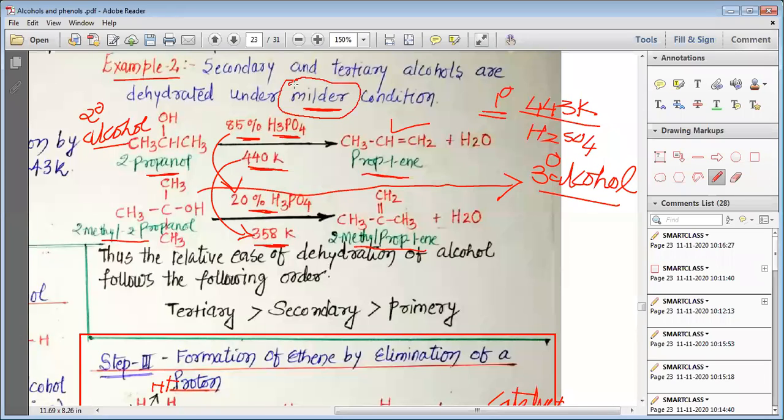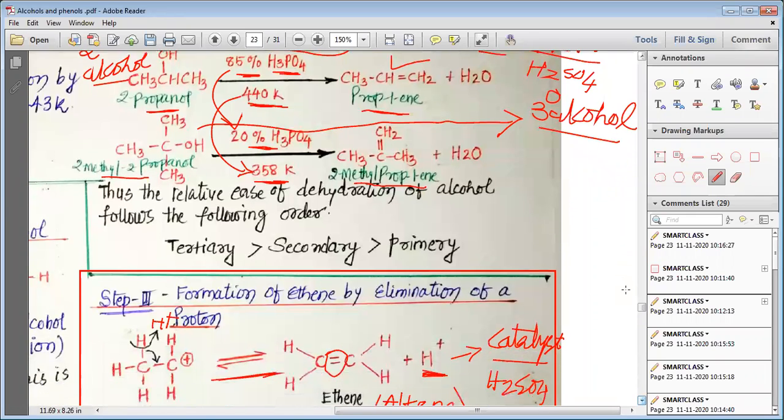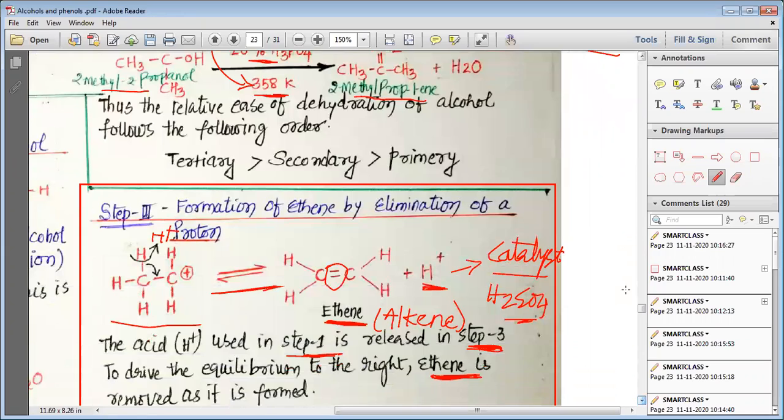Please remember that secondary and tertiary alcohols can be treated with milder conditions to get the alkenes. Thus, relative ease of dehydration: which alcohol is going to be dehydrated easily.